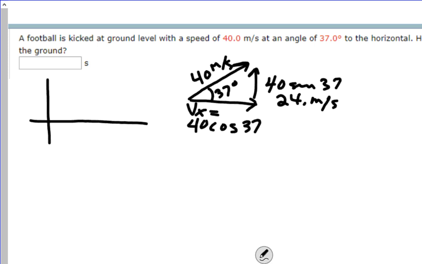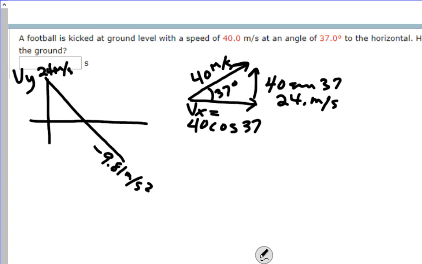Okay, we know that time in the air is determined by the y because of the slope of the line, because of our acceleration due to gravity, right? So if this is 24 meters per second, I can find the time it takes to get to here. I think we see a theme, right? And then we can double it in order to find the final time, which is how much later it hits the ground. We're just looking for seconds.